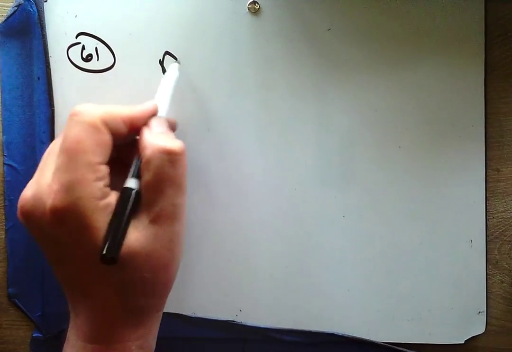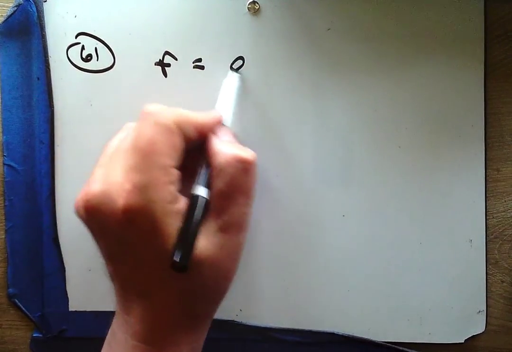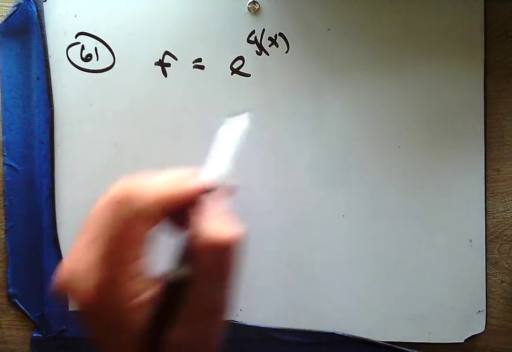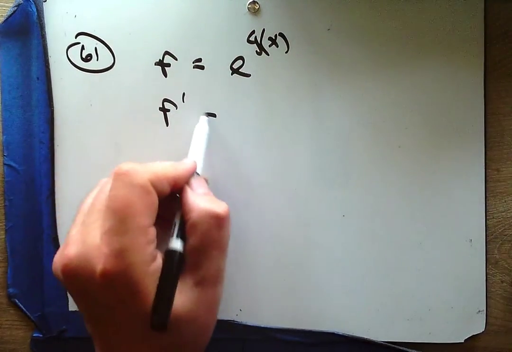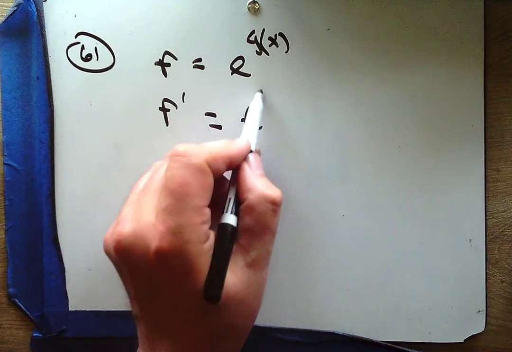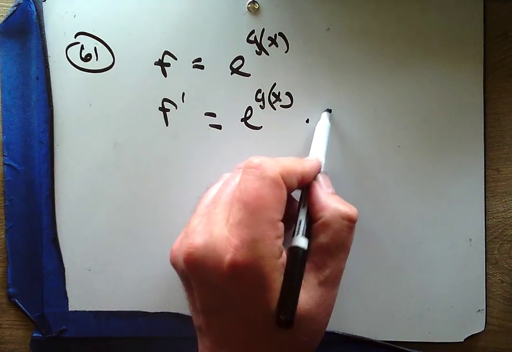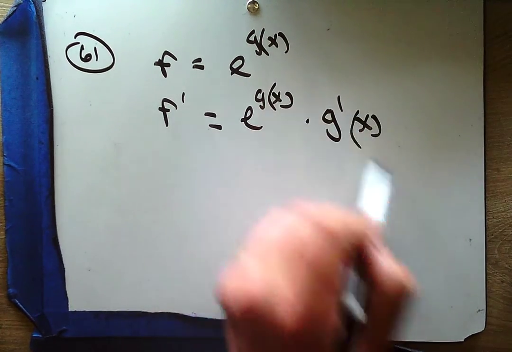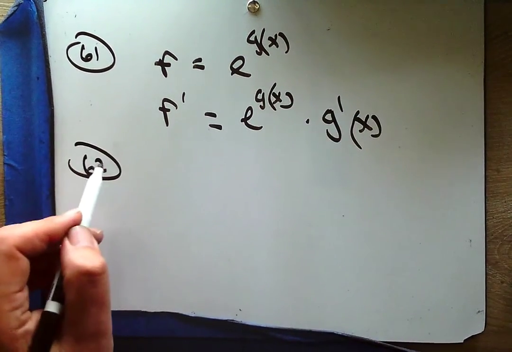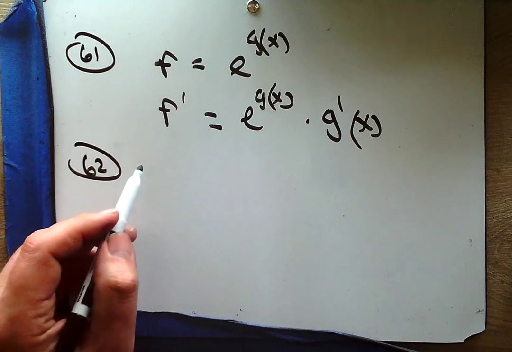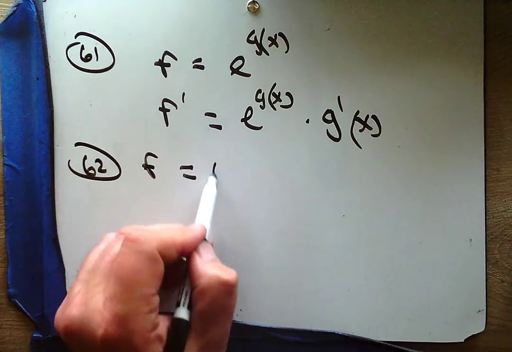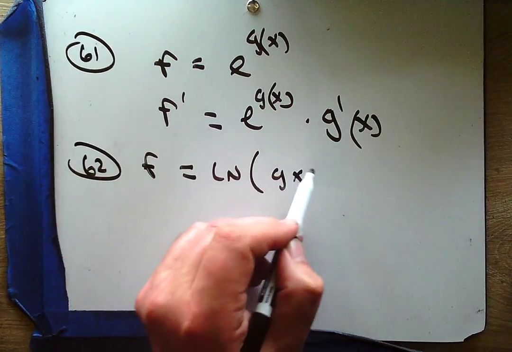61. F equals e to the g of x. So f prime, derivative of e to the something is e to the something times the derivative of that inside function, g prime of x. 62 says f equals ln of g of x.